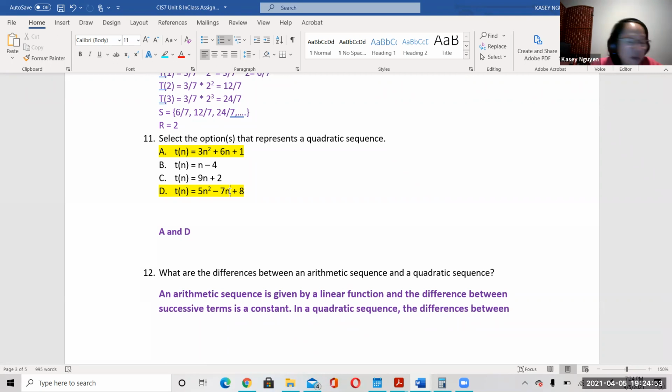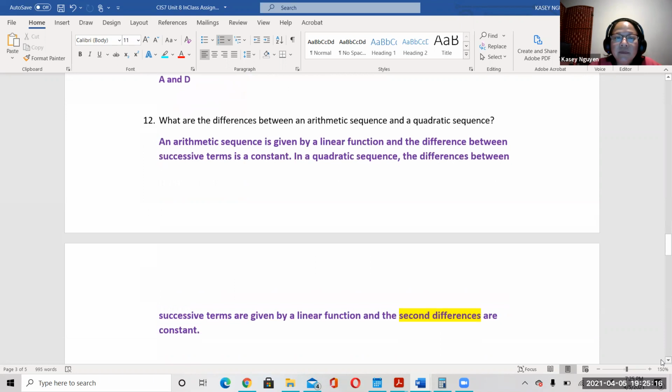So for question 12, it asks you, what are the differences between an arithmetic sequence and a quadratic sequence? Earlier, we said the arithmetic sequence is a linear function, and the difference between successive terms is a constant. In a quadratic sequence, the differences between successive terms are given by a linear function, and the second differences are constant.